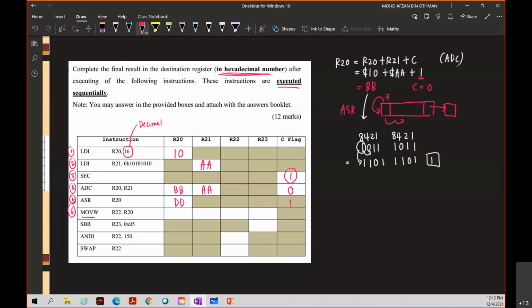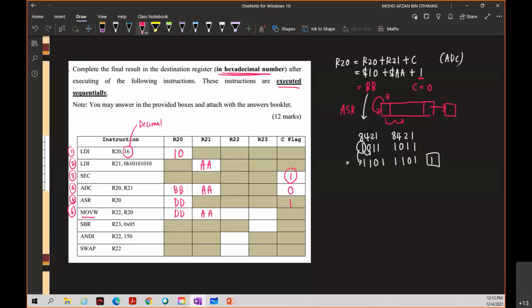Since this is move word, or 2 bytes of data, from R20 and R21 to R22 and R23. So you're going to copy R20, R21. R20, R21 is actually DDAA.